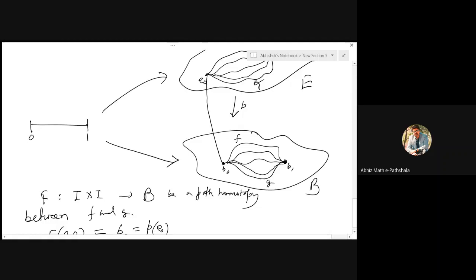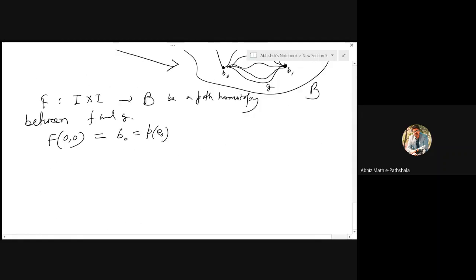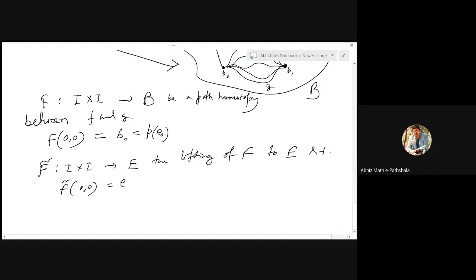And let F tilde be a lifting of F to the space E, that I have already proved in the previous result, such that at the point (0,0) its value is e naught.